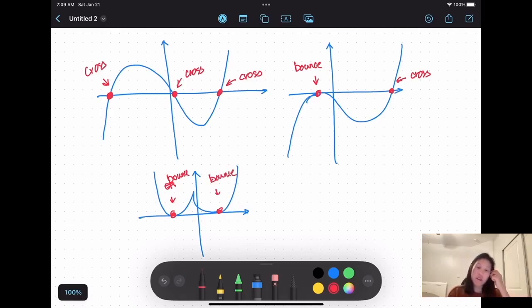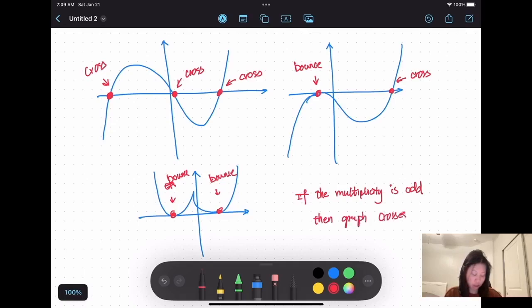Okay, so when do they bounce and when do they cross? This depends on the multiplicity. If the multiplicity is an odd number, then the graph crosses the x-axis.